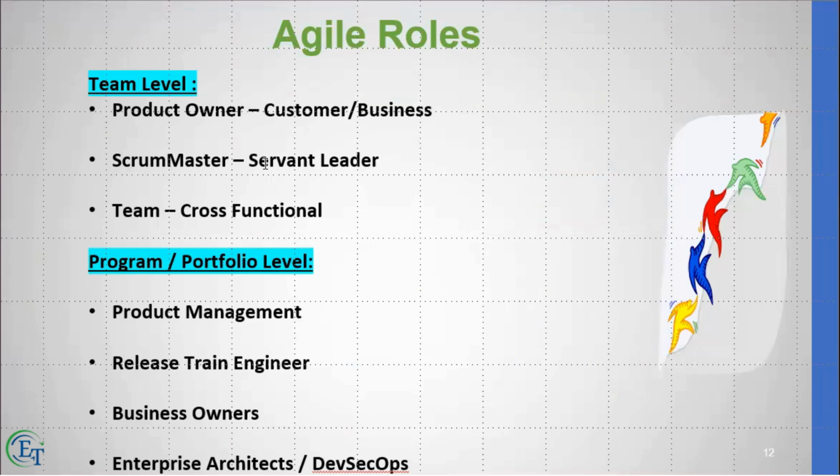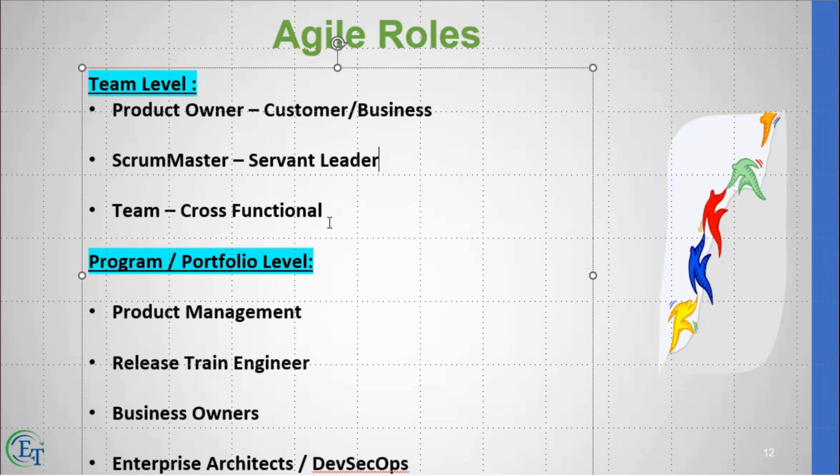He facilitates all the team ceremonies, like the daily stand-ups, the retrospectives, the sprint planning sessions, the demo sessions, etc. And the team is a cross-functional Scrum team. They would consist of developers, testers, BAs, architects, etc. Whoever you need for the product to be successful needs to be on this cross-functional team.